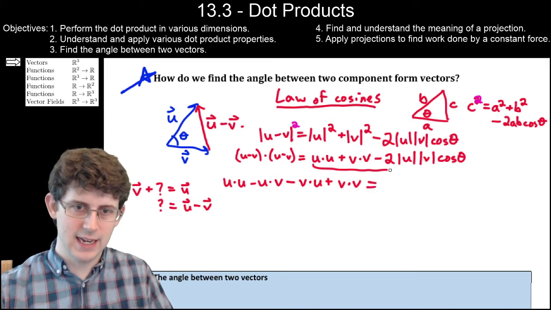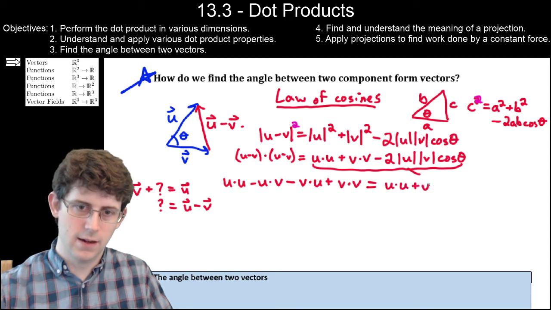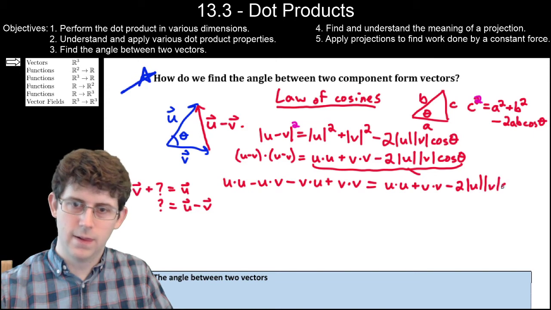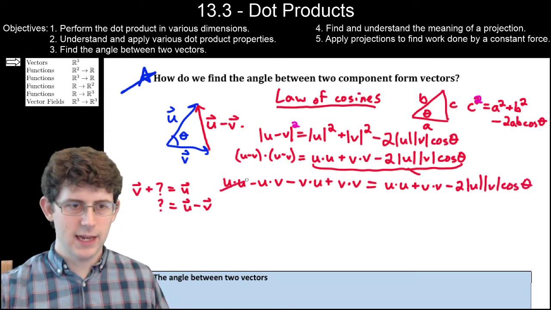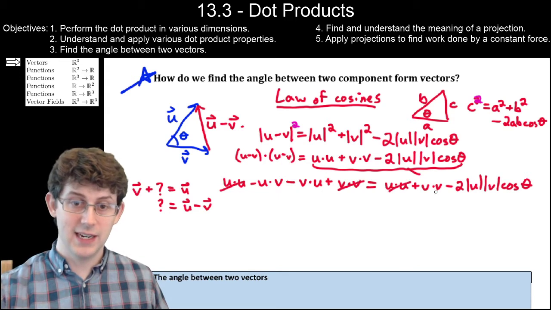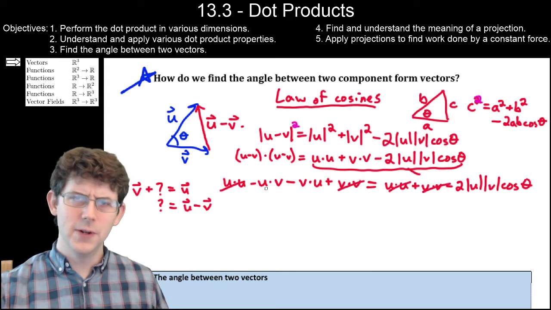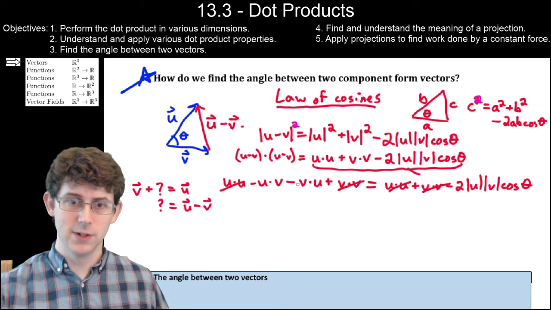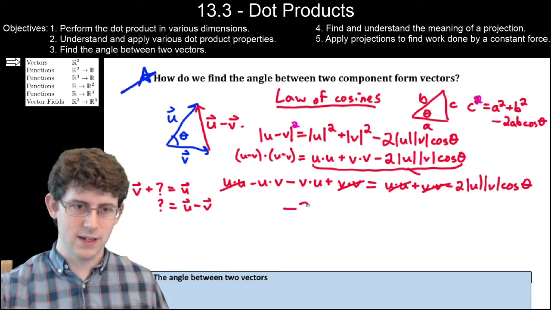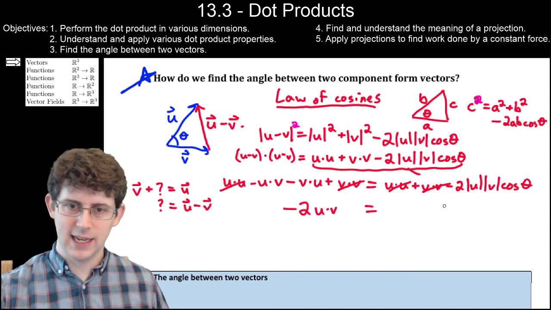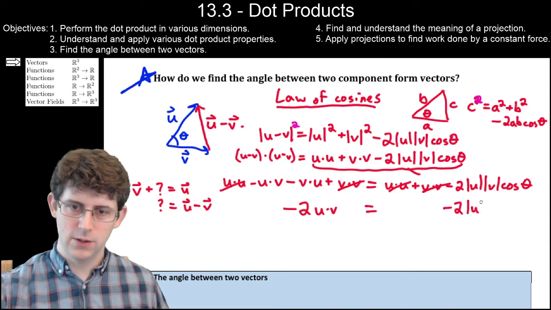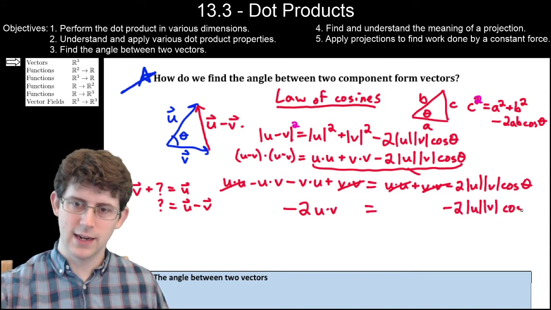And then the right side, let's just keep the right side as it was over here. What can we do? U dot u is here on both sides, and so is v dot v. Those are gone. U dot v is the same thing as v dot u. So I have actually over here minus 2 u dot v. And on the right side, I have minus 2 magnitude of u magnitude of v cosine theta.